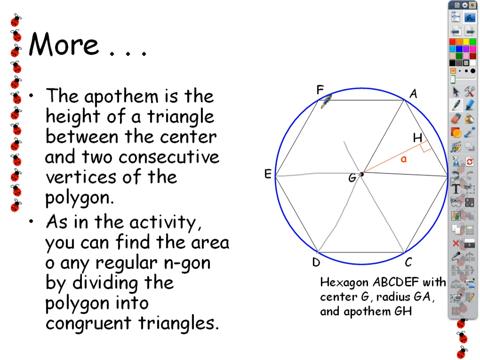To get that area, I need to do 1/2 the base times the height of the triangle. Well, the height of the triangle is what we call the apothem of the polygon, right?